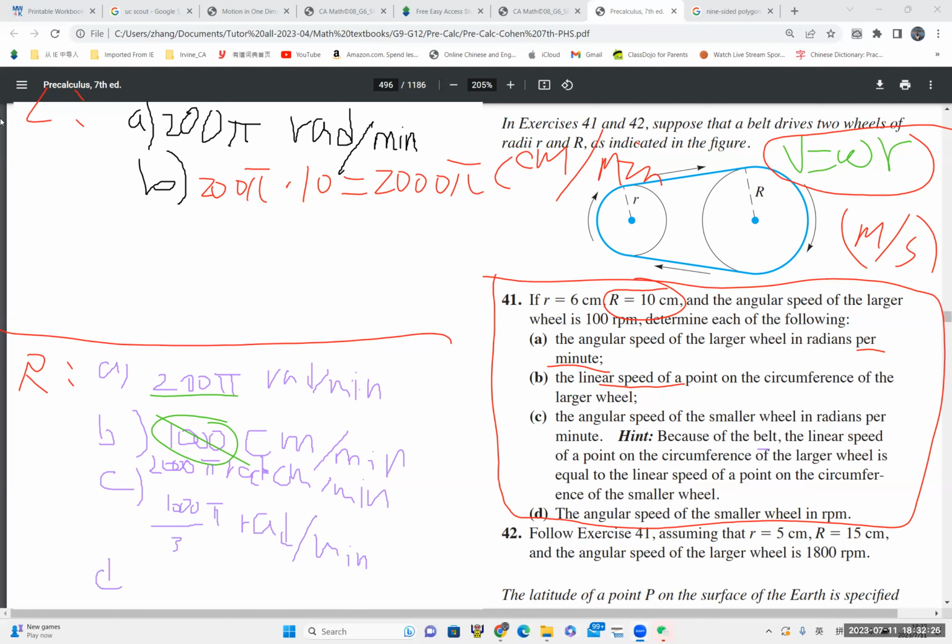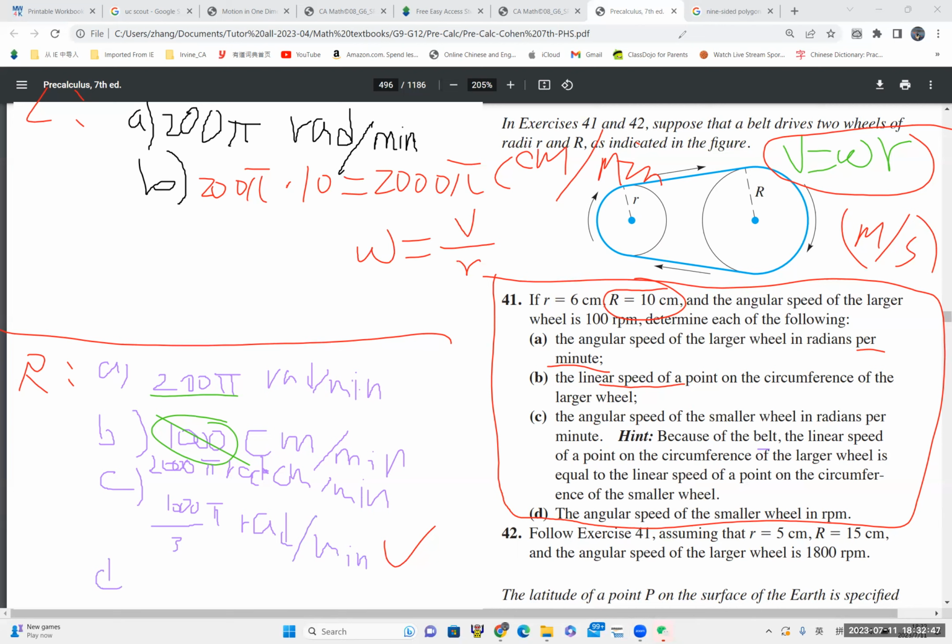Okay, I think it's good. For part C, you just use omega equals linear speed v over r, right?